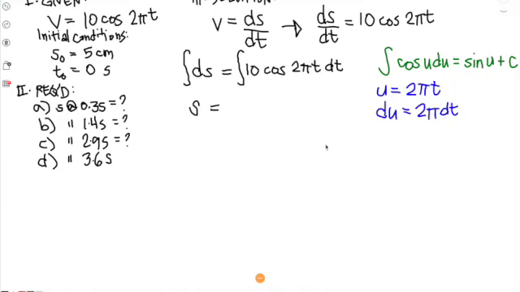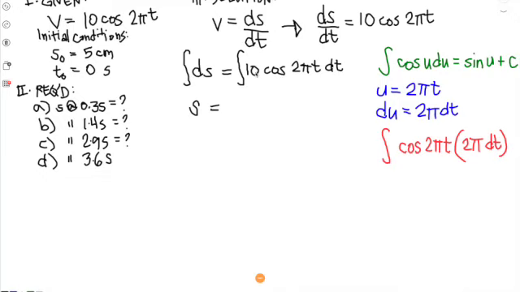So we want it to look like the integral of cosine u multiplied by du. So du is 2 pi dt. From the original equation, we need to introduce 2 pi, and we can only do that by multiplying this equation by 2 pi over 2 pi, or just equal to 1.